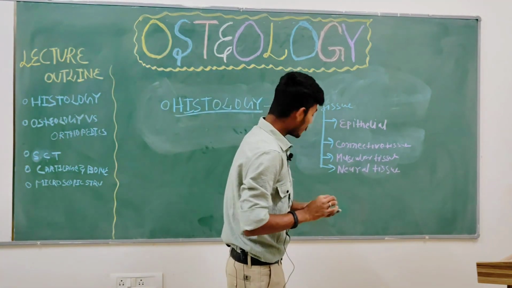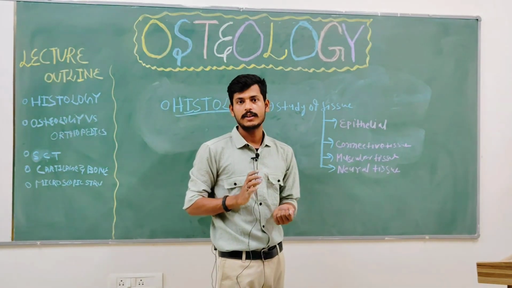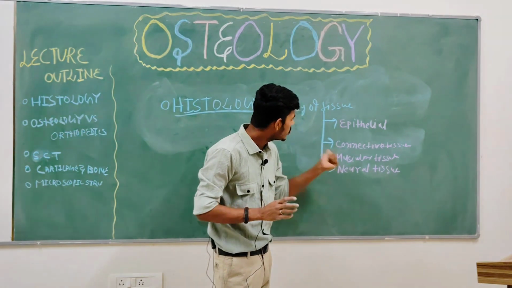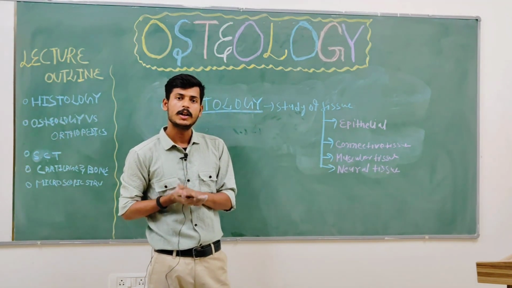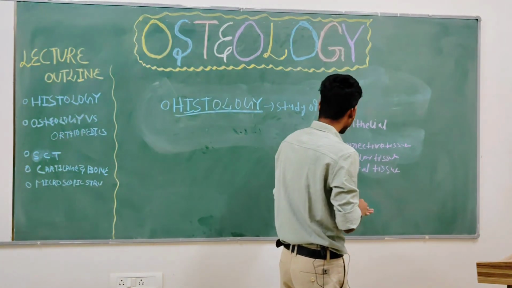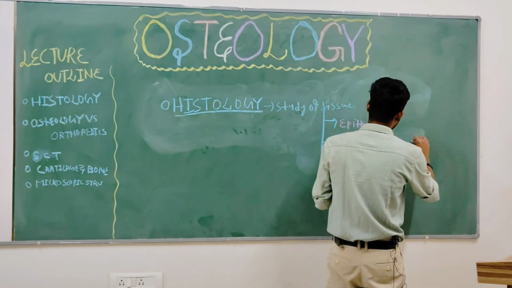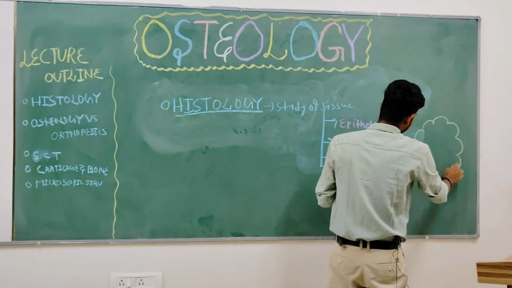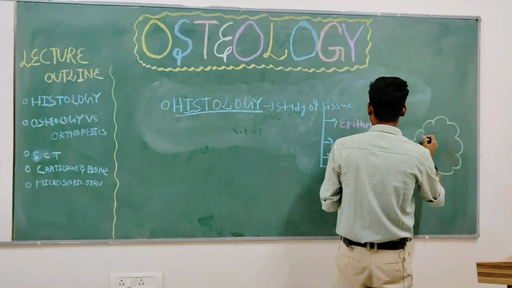So my question is, bone and cartilage come under which tissue? Very good, they come under the connective tissue. Write down: bone and cartilage come under the connective tissue.